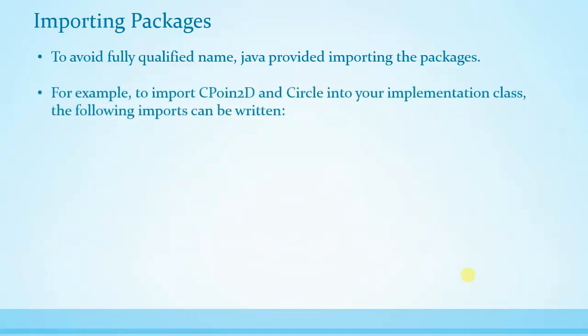For example, to import C.2d and circle into your implementation class, the imports look like this: import math.points.c.2d. That means C.2d is imported to your implementation class, so inside the class you can create a C.2d.